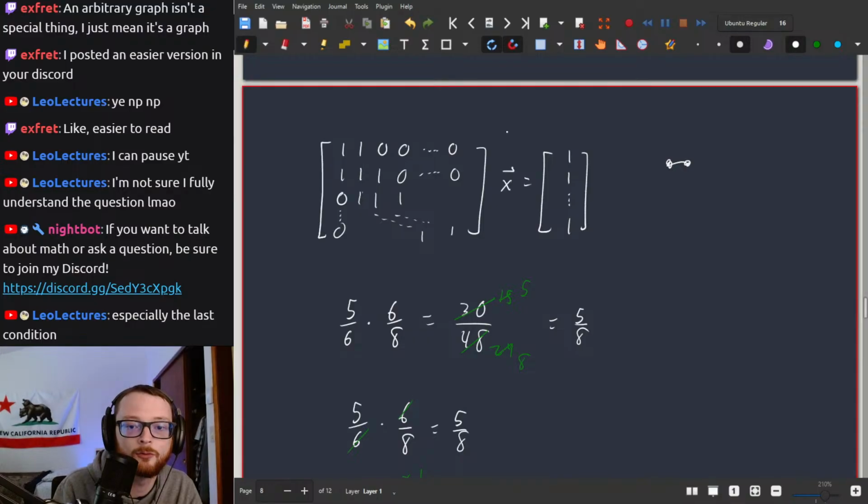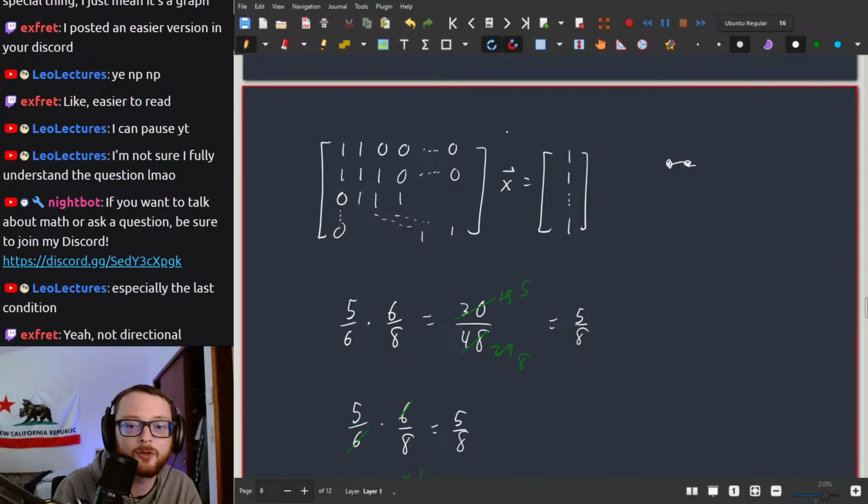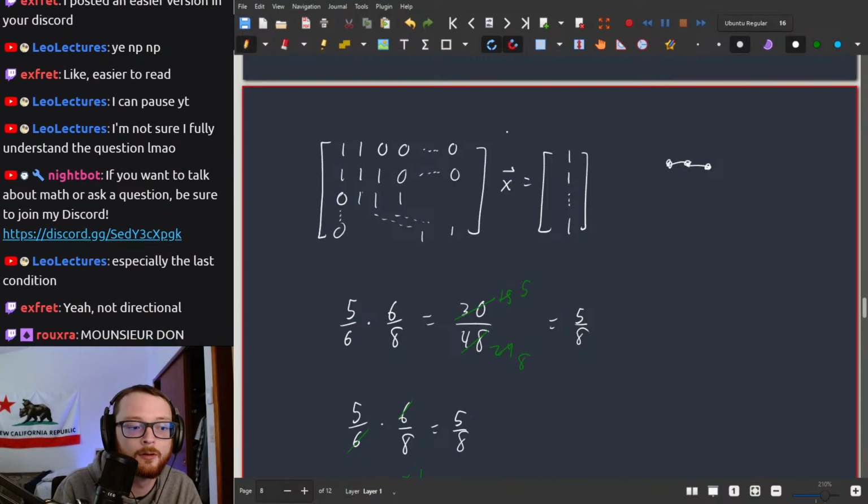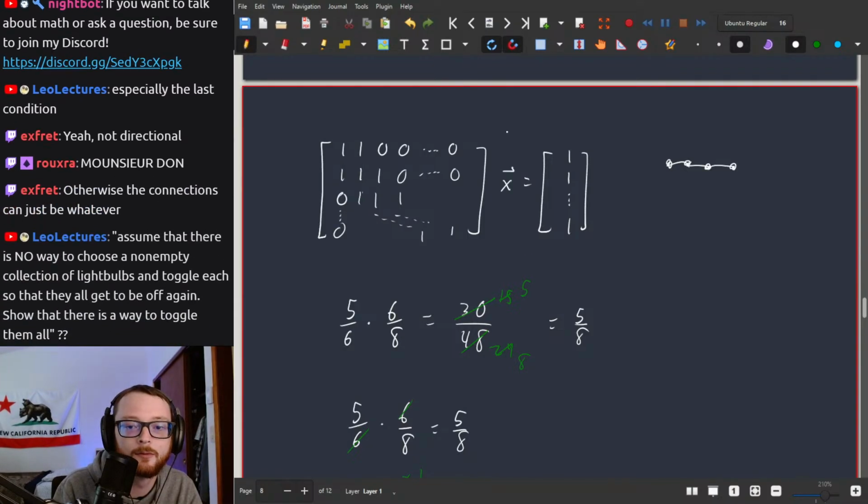B would be connected to, well, A and, oh, it's just going to be a line. I don't know what you do with this graph, though.